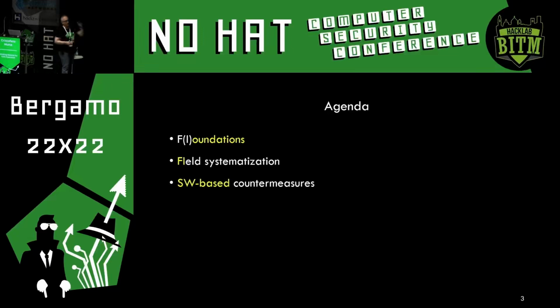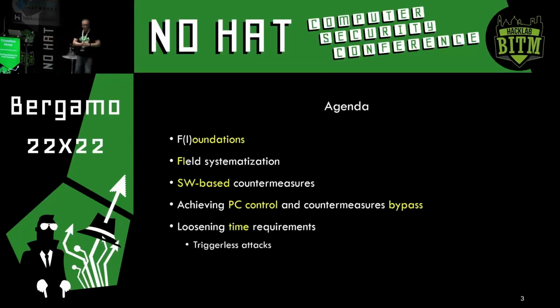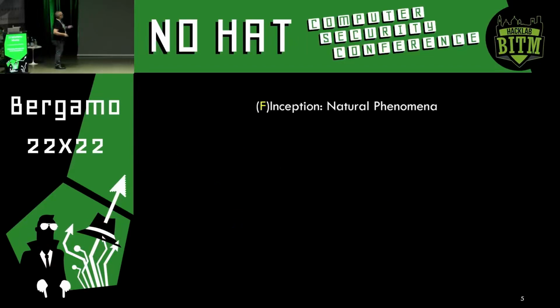We are going to discuss the countermeasures, and how it's possible to achieve program counter control and also bypass the countermeasures, while arriving at the point where you may not even need a precise trigger anymore. So let's dive directly into the foundation.